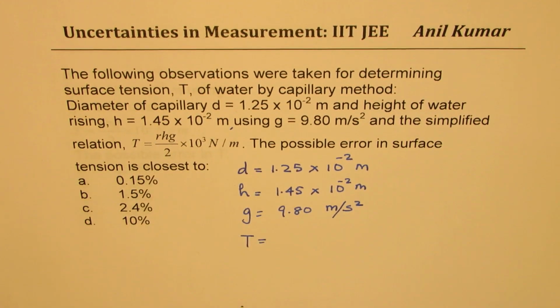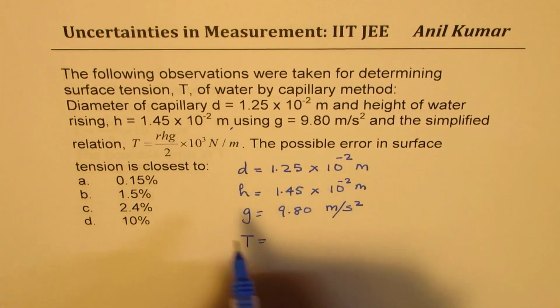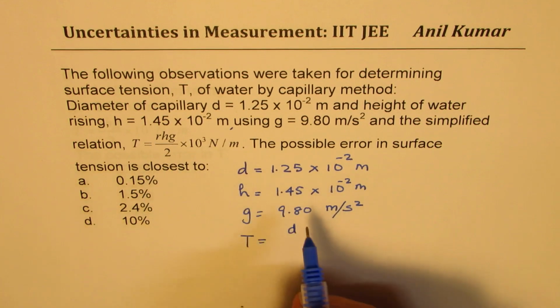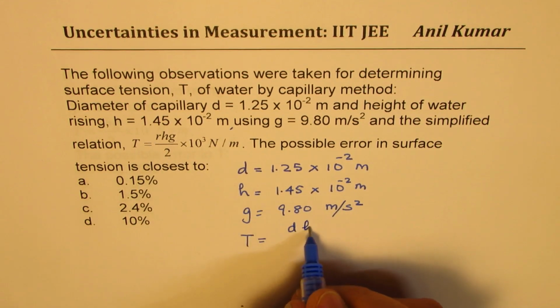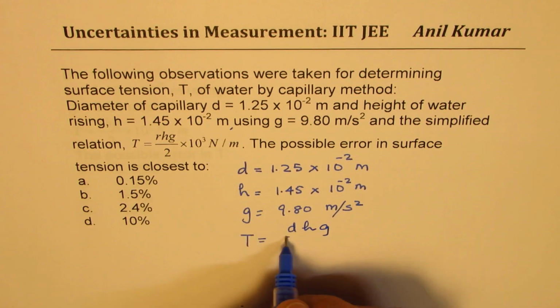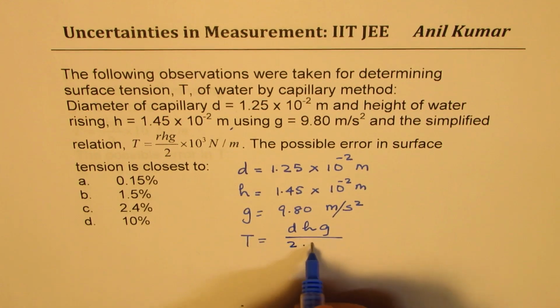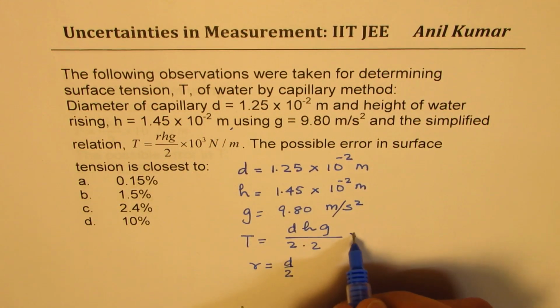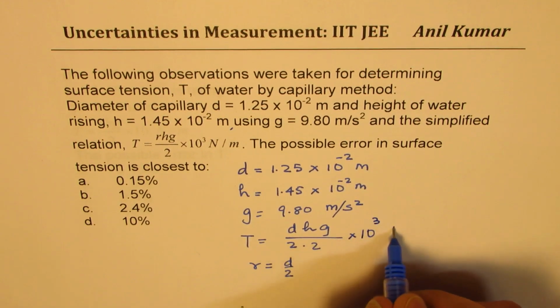So r is the radius, right? If I convert this radius to diameter, r is diameter over 2, so I could write this as over 4, since this is 2 times 2. So I replaced r, writing r as diameter over 2, since we are given the diameter, into 10 to the power of 3 newton per meter.